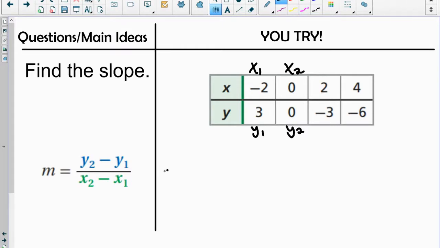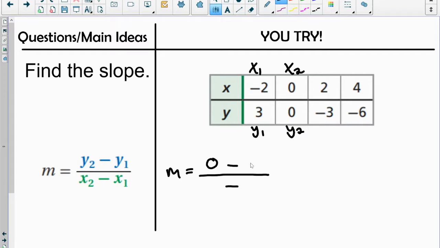So let's apply our slope formula by substituting in our values. Which number goes in the first blank? 0, because it's our second y coordinate. Which number goes in the upper right-hand corner, the second blank? 0 minus what?